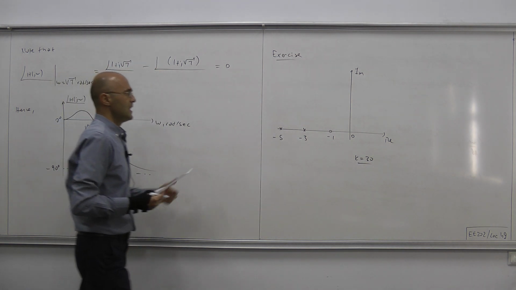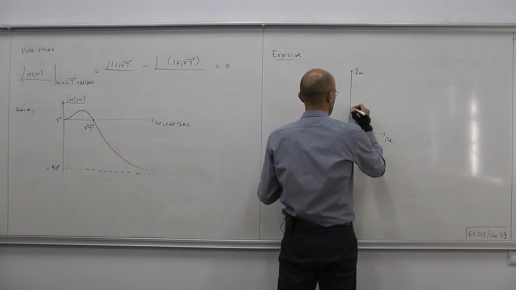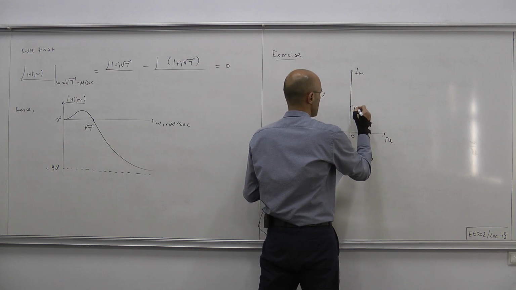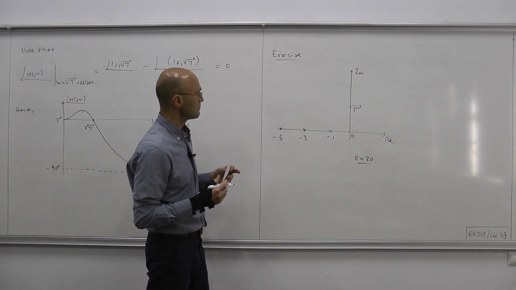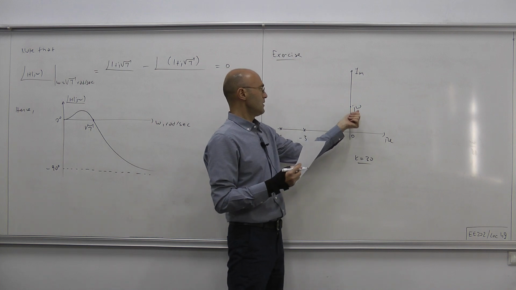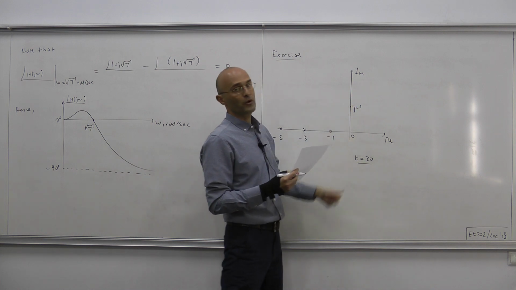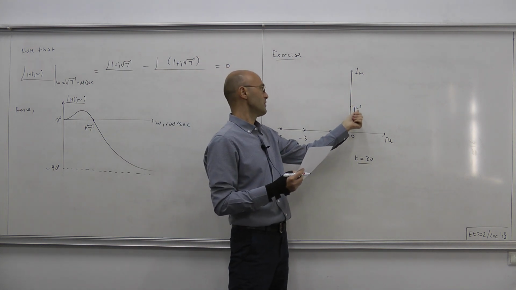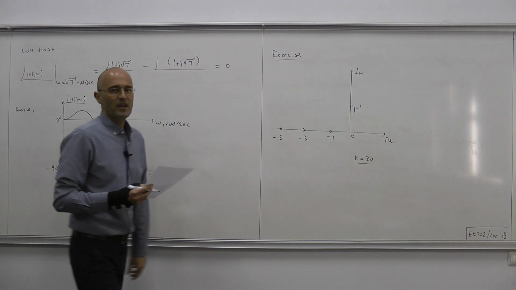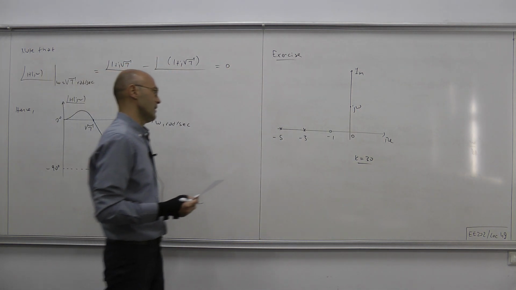Now let's pick a point on the imaginary axis, therefore it's purely imaginary, hence it equals jω for a certain ω.